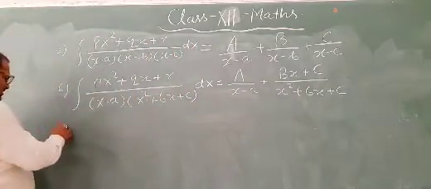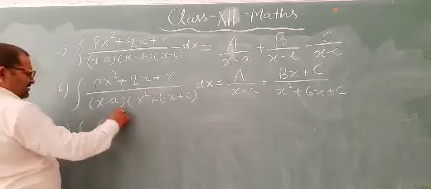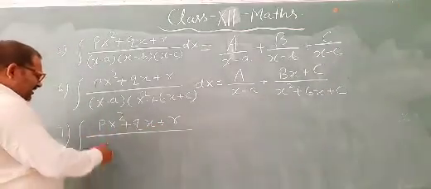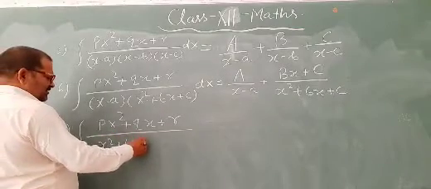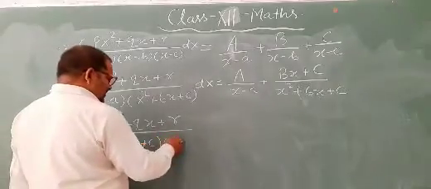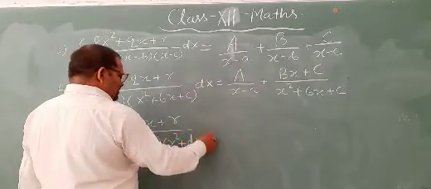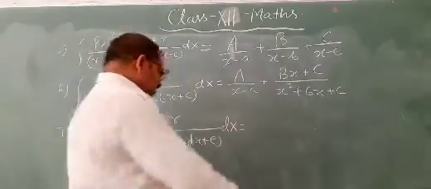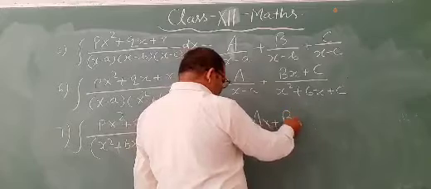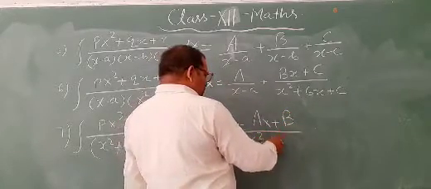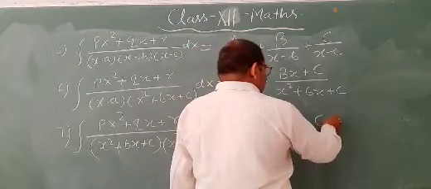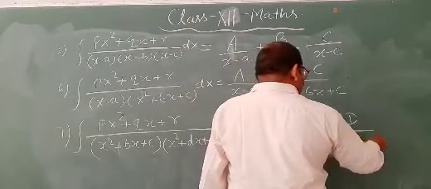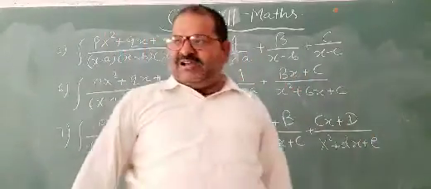And next 7: integral of (px square plus qx plus r) upon (x square plus bx plus c)(x square plus dx plus e) dx equal to (ax plus b) upon (x square plus bx plus c) plus (cx plus d) upon (x square plus dx plus e).